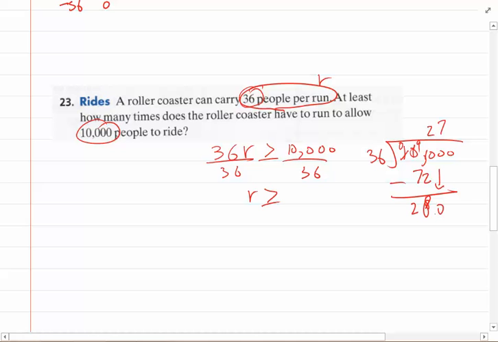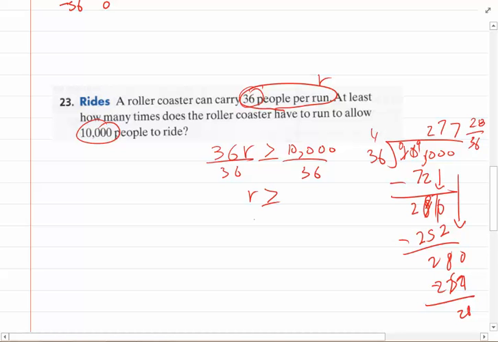Maybe let's try 7. 7 times 6 is 42. 7 times 3 is 21, 25. And that just works out exactly, doesn't it? And 36 goes into 280, once again, 252. It looks like it's going to be 28 over 36. So we can say we need at least 278 runs to accommodate 10,000 people.